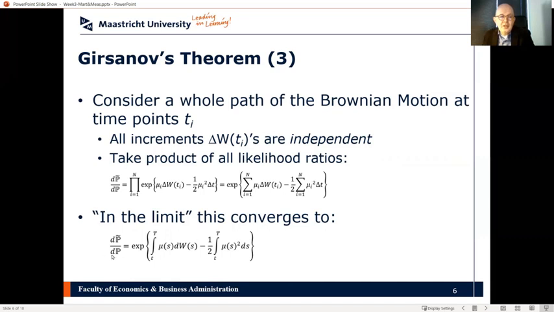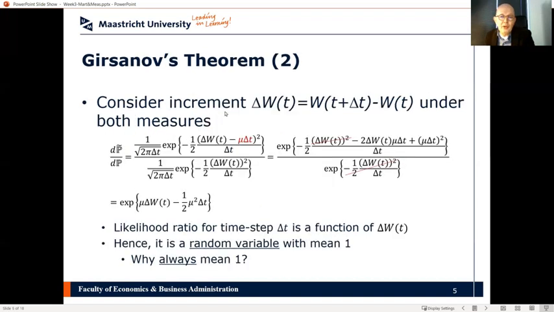Then the Radon-Nikodym, the likelihood ratio process, can be expressed in this form as the integral of mu dW minus 1/2 the integral of mu squared dt. Usually you only see this formula and it comes a little bit falling from heaven, but hopefully I've given you a bit more intuition.